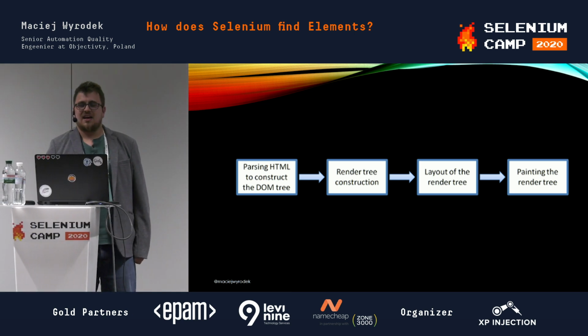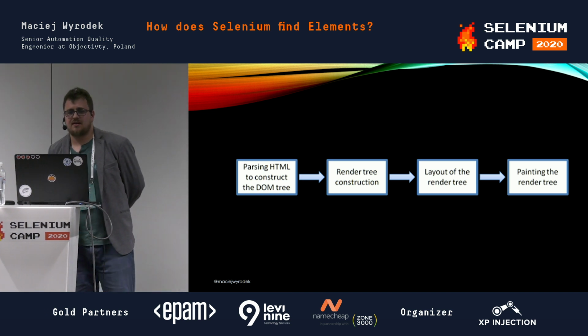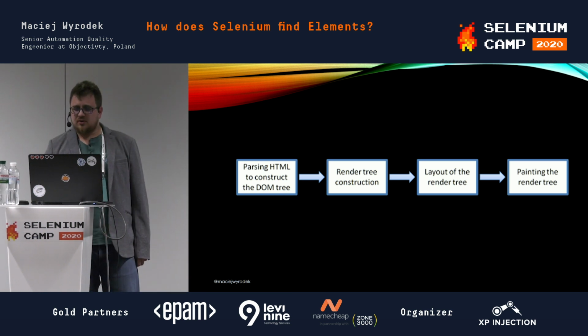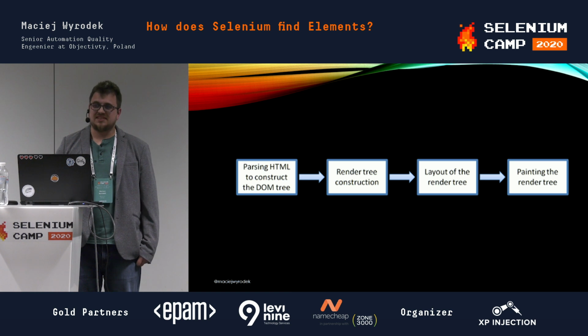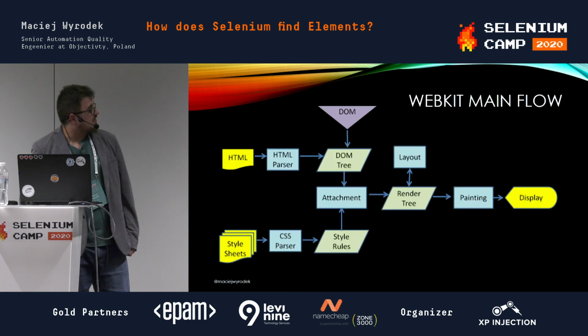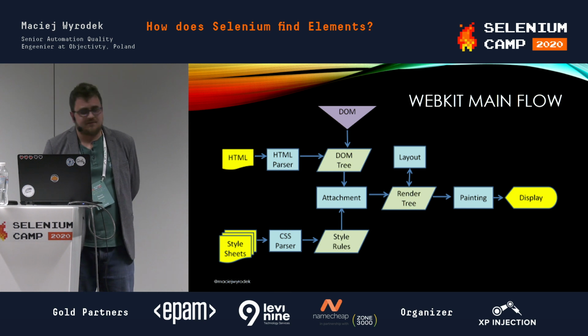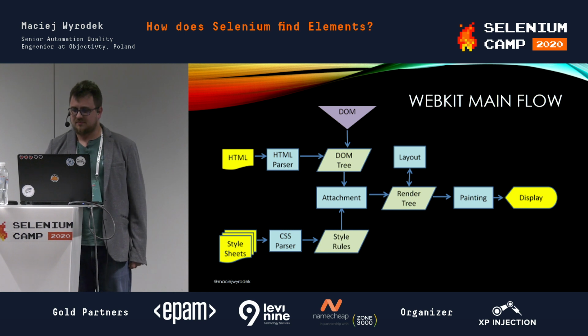There is nothing else. And basically how they are working, they are parsing the HTML to create the DOM tree. And what we are doing, we are operating on this DOM tree that they are creating. So he's kind of right. Now, this is how the flow kind of looks for WebDriver. I have links to all the materials in the sources of my slide if you want to look at them.